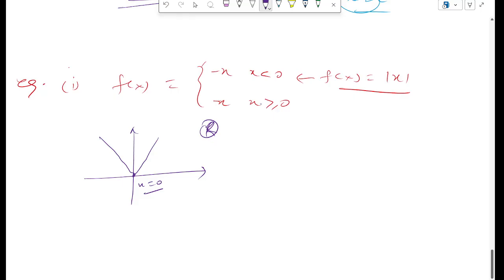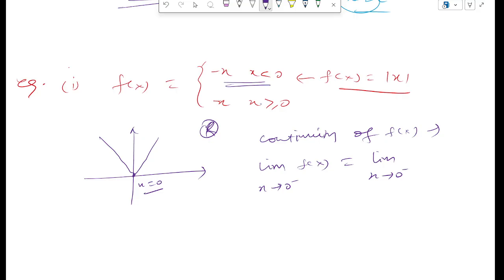Let's see what happens. So first, continuity of f(x) is fine. Continuity of f(x) is a must condition, so first we will check this. How do we calculate? Limit x tends to 0 minus, the left hand limit, of f(x). This portion is less than 0, so it is minus x, and this will become 0.